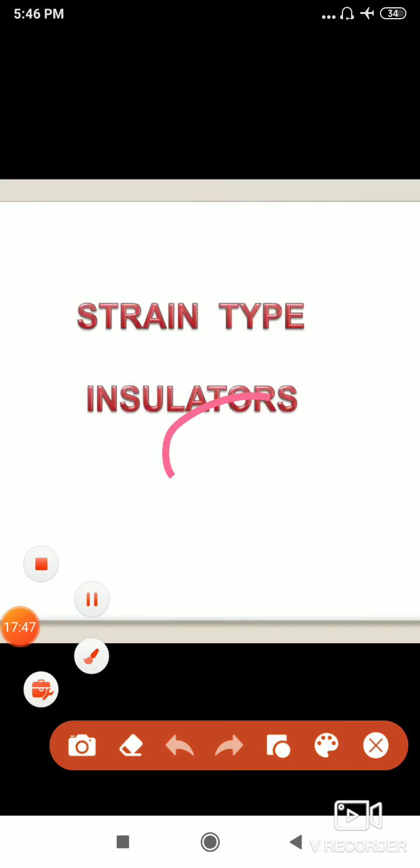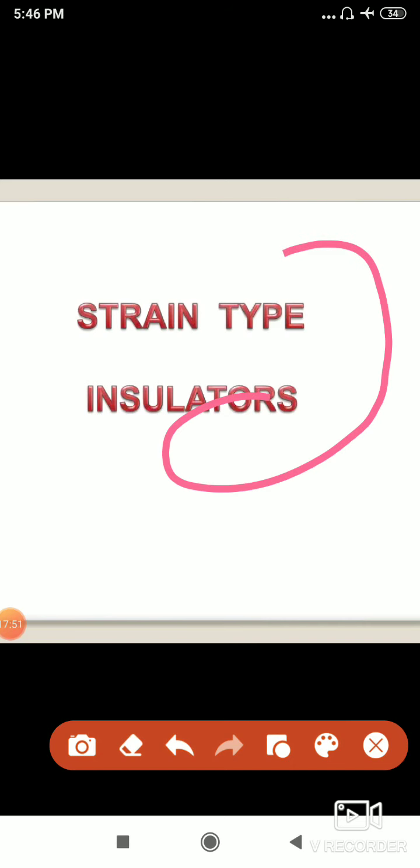So what is a strain type insulator? The name itself indicates strain is nothing but tension on that line. When tension happens on that line, we need to protect the line from it. For example, if there is any turning, definitely there will be stress on that conductor, so in that situation we need a strain type insulator.